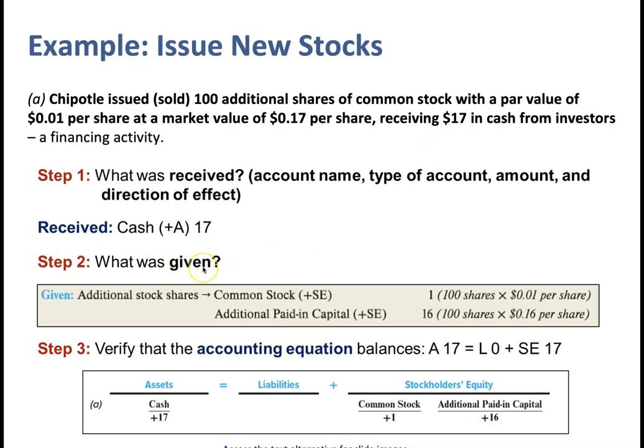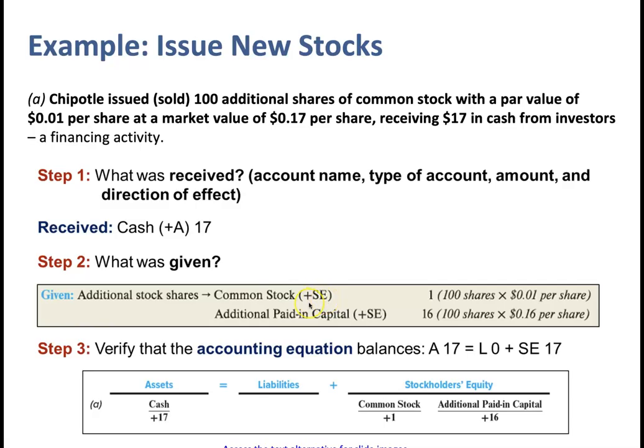What was given? Now we give out common stock with 1 cent per share on the face value. Now face value of a stock is classified as common stock, or we record that as common stock. So common stock increases and it belongs to stockholders' equity, SE.